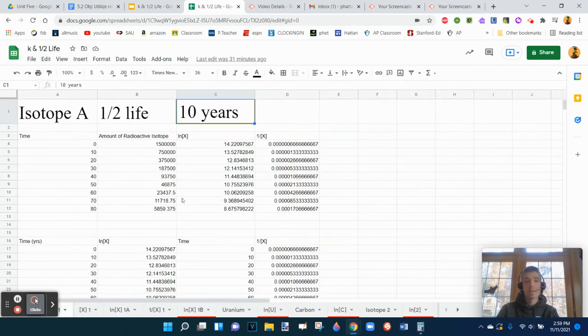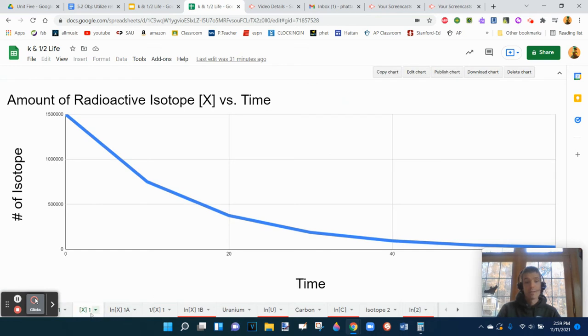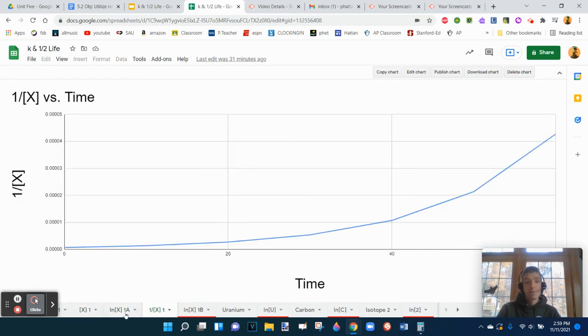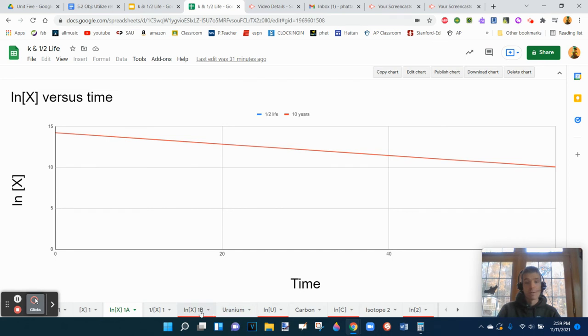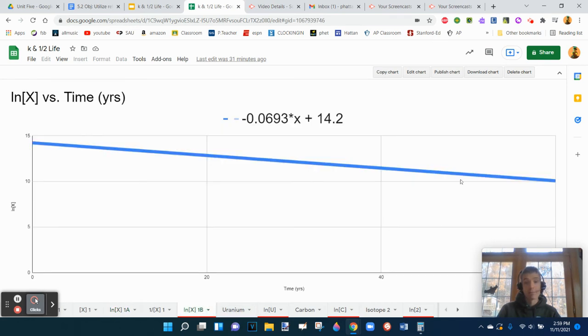If you look at some data, I made some data, and then I'm going to show you some real data, where I gave an isotope a half-life of 10 years. You look at the graphs and you clearly can see that this is the linear one. So that decay is definitely first order.